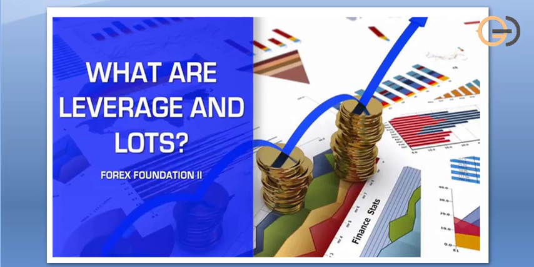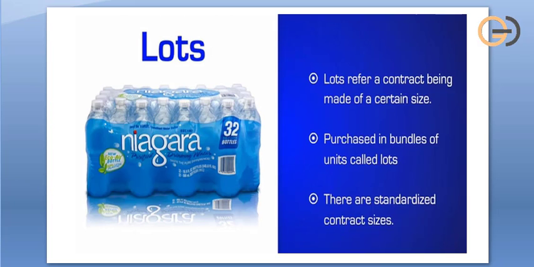Alright, so when we talk about lot size, we refer to contracts being made of certain sizes. For example, if you purchase a whole pack of canned water and you buy one, it's not the same. The amount of money you use to buy the pack and the amount of money you use to buy one is not the same.